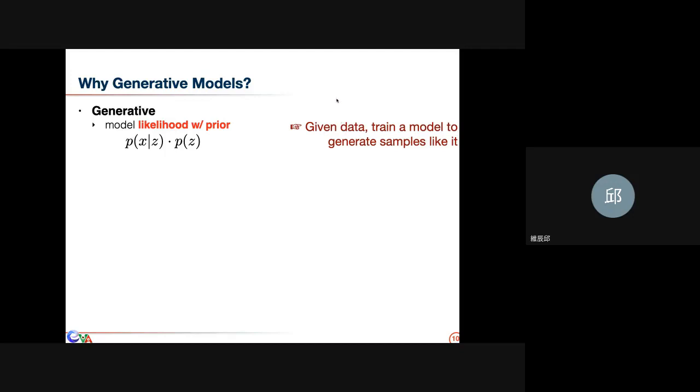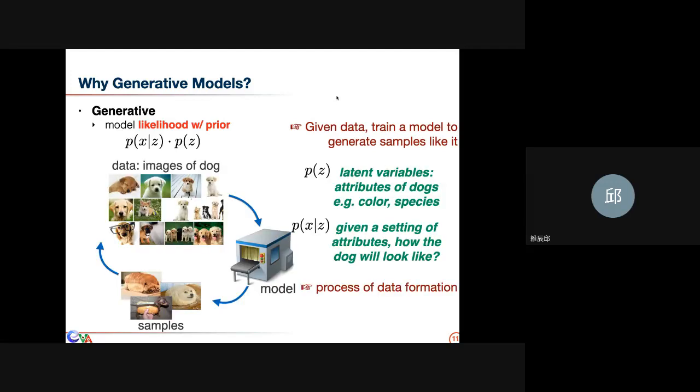In other words, you have a data set, and now I want to learn a model, and by using this model, I am able to generate a lot of samples, and ideally those samples should be similar to the given data set.